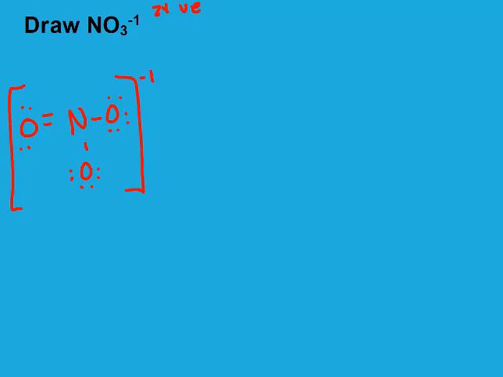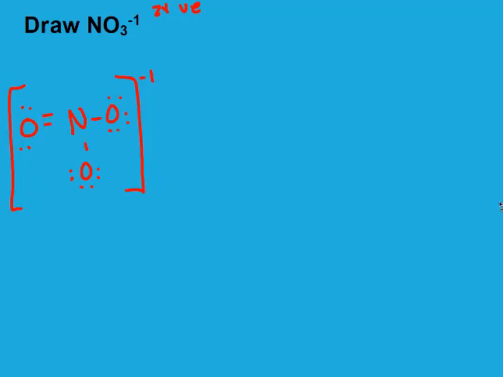Also, from our discussion at the beginning of the video, we said that double bonds are shorter than single bonds. Therefore, I would expect this bond to be shorter in length than this bond and this bond. I would expect 2 long bonds and 1 short bond. But that's not what occurs in nitrate.